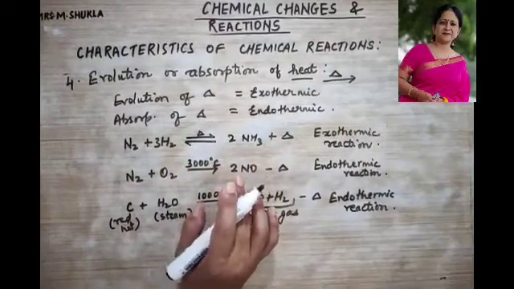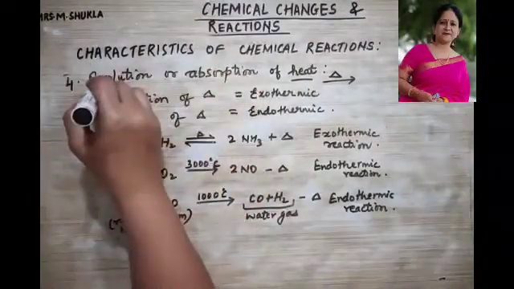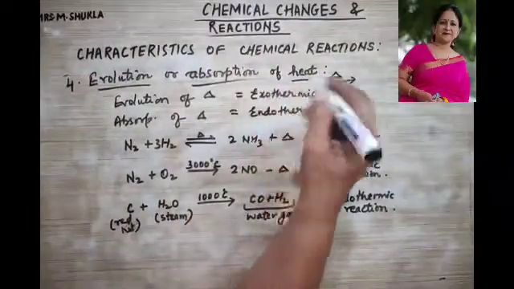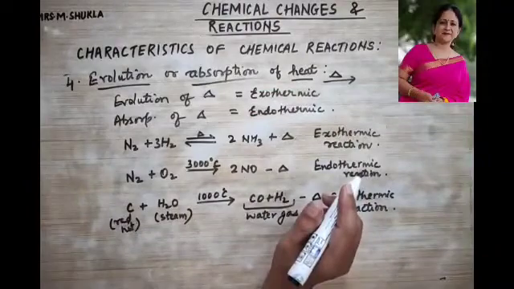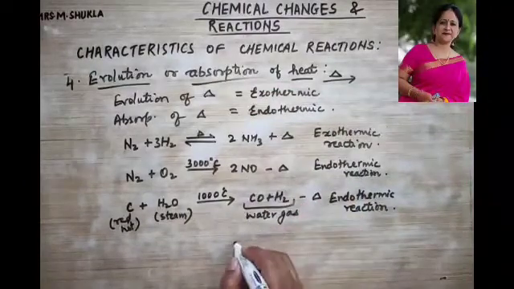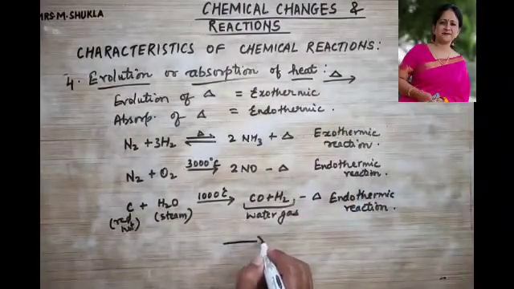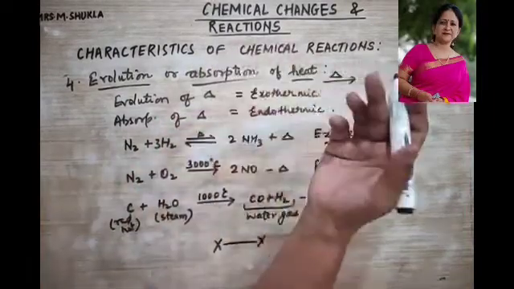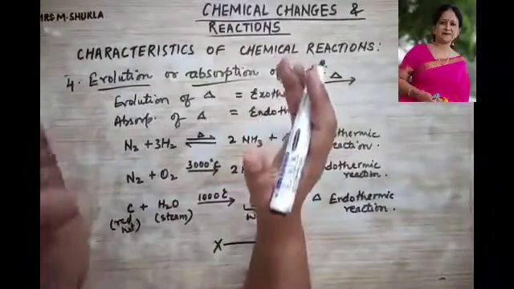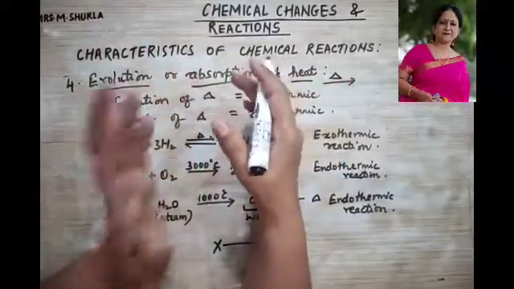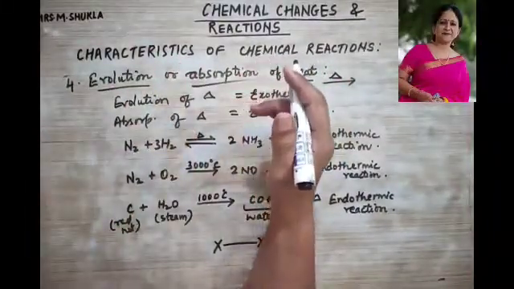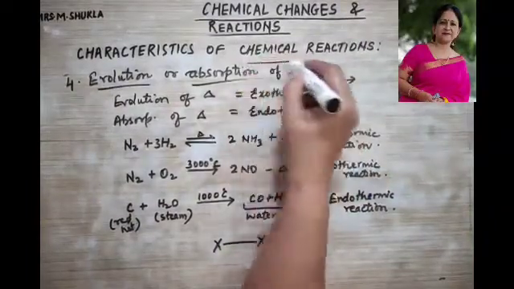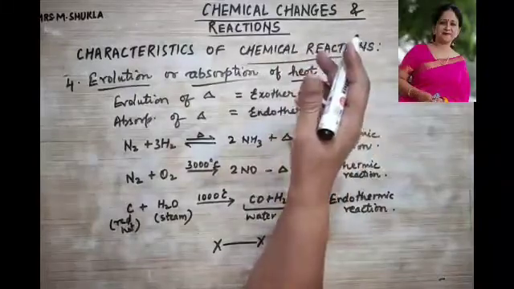And last but not the least, there are certain reactions where either there is evolution of heat or absorption of heat for the reaction to proceed. I stop over here. Next time I'll come back with different conditions that are required for a chemical reaction to proceed. Today we studied just the characteristics of the chemical reaction, and next video we are going to study certain conditions that are necessary for a chemical reaction to proceed. Thank you.